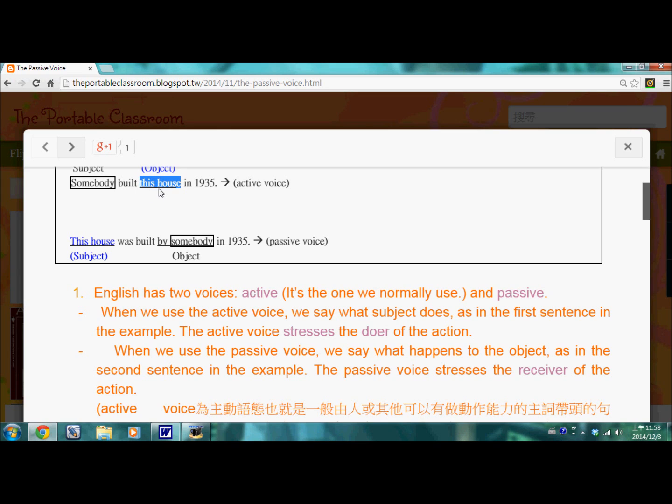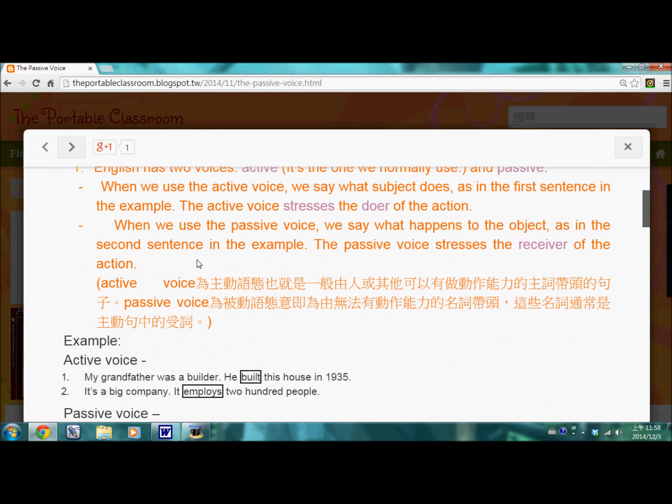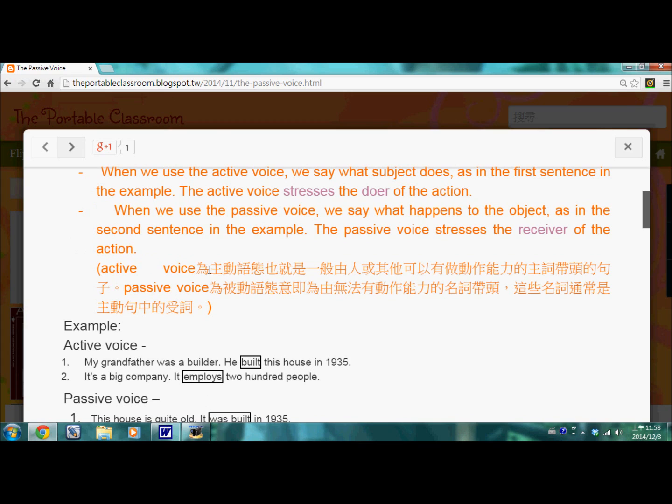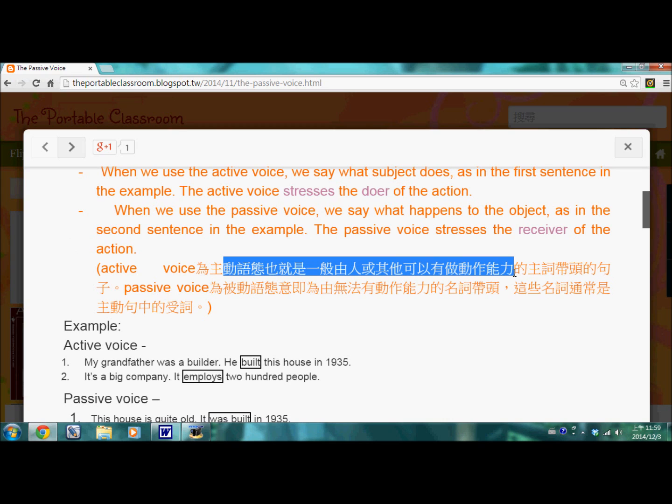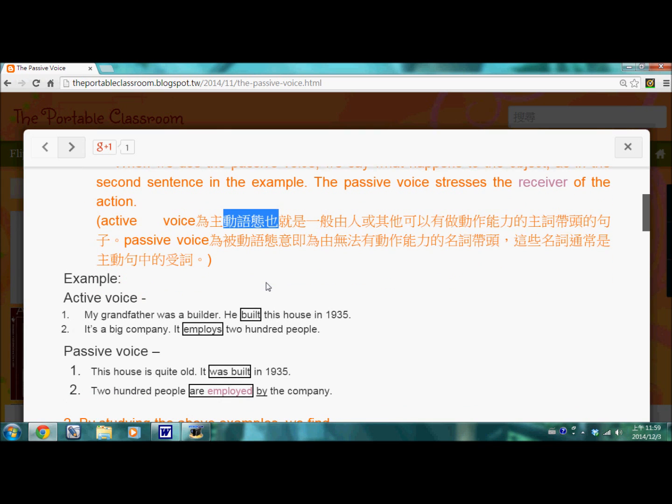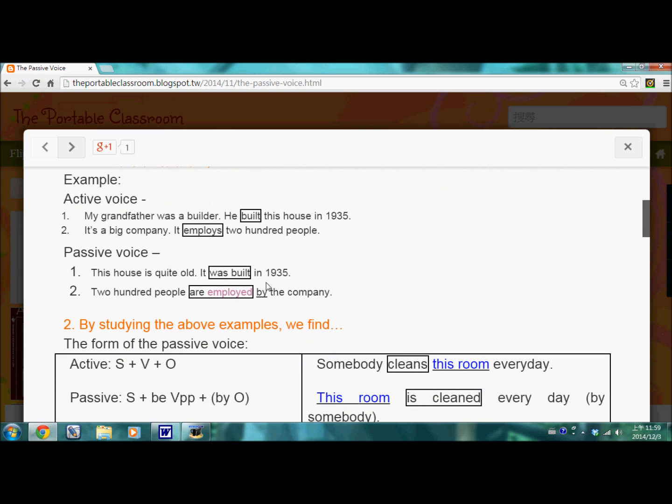So we put the object to the front as the subject. Okay? Active voice 是主动语态，一般由人或其他有动作能力的主词带头的句子。Passive voice 是被动语态，意即由无法有动作能力的名词带头。这些名词通常是主词中的受词。Alright, let's look at more examples.